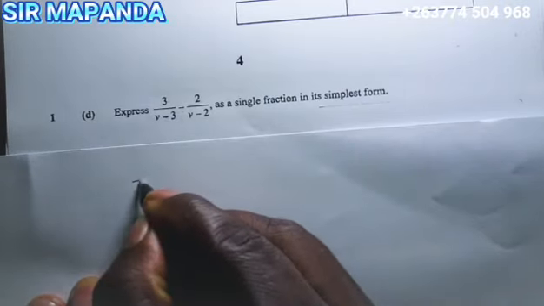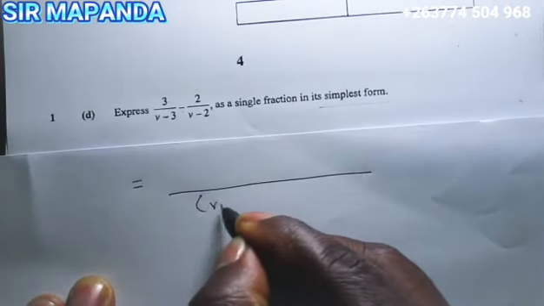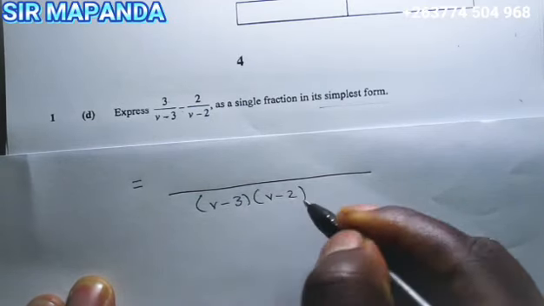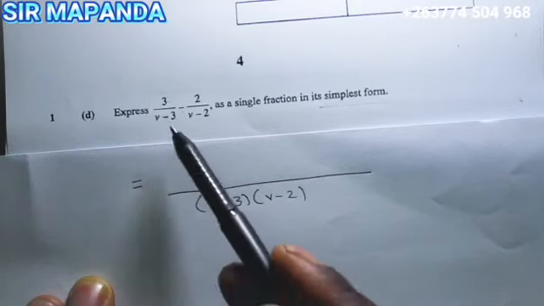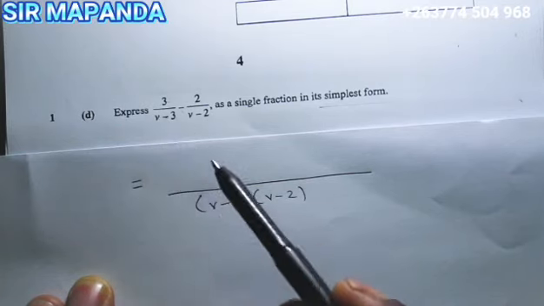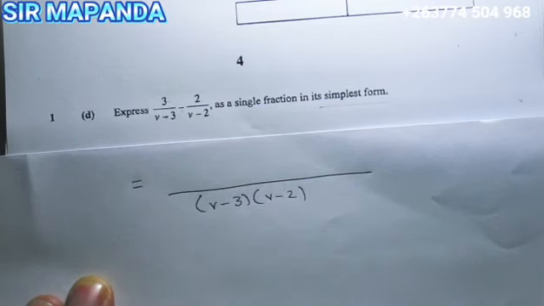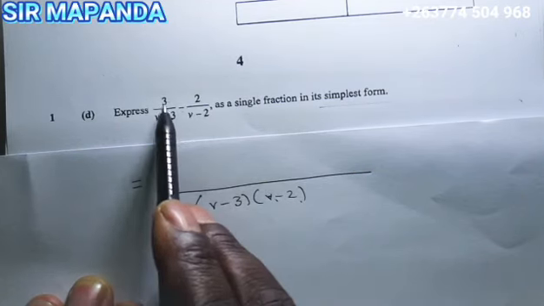So what you need to do here, you put a division line like this, then you place v minus 3 in bracket and v minus 2 in bracket as your first stage, right? So you can notice that v minus 3 and v minus 3 cancel out each other, though you are not cancelling here, right? You'll be left with the v minus 2, which is going to multiply 3 above.